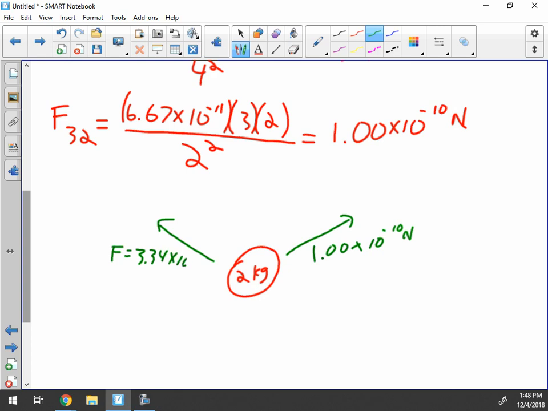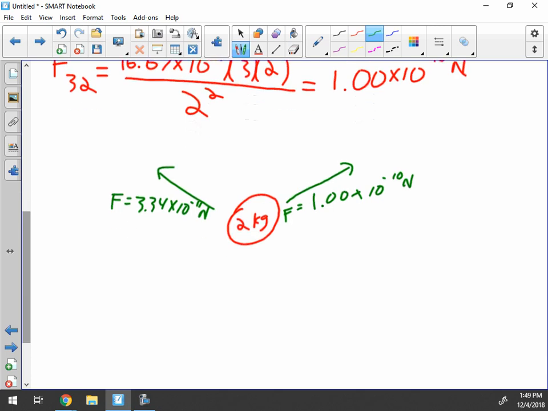These are the two values we just found. And this is also our force in that direction. So what we need to do is break down these two forces into x components and y components, and then we can add the x components together, add the y components together, and get a resultant force. So let's do that.